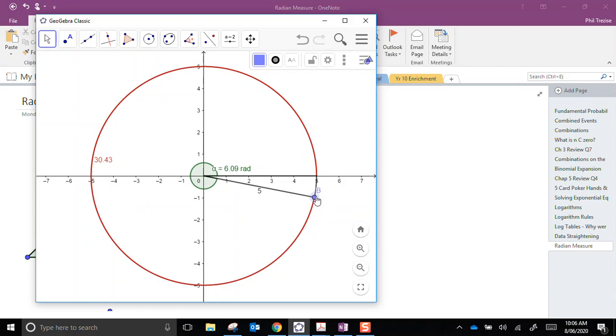If I keep going closer and closer and closer, now I'm nearly up to 6.28. 6.28 would be 2 times pi. Unfortunately, if it jumps to the middle there, it goes back to nothing. It goes back to an angle of 0. So I can't show you the full rotation. Well, that's as close as I dare go. It's almost up to there, and trust me when I say it would be 6.28.